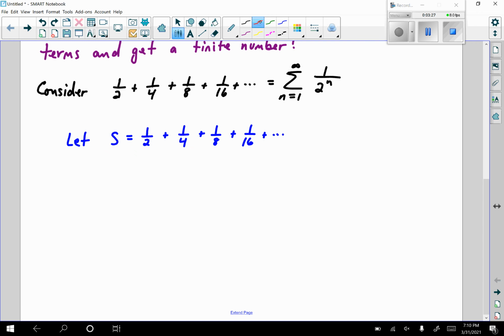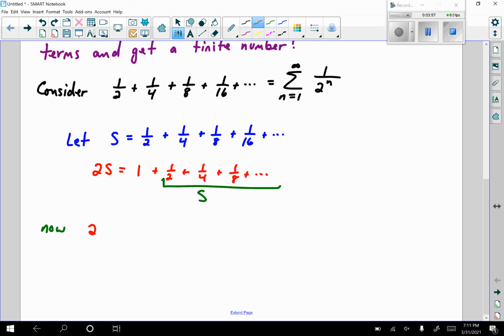And then let's just do an algebraic manipulation to both sides. Let's double both sides. So then 2S is going to equal, if I double the 1/2, that's 1, double the 1/4, double the 1/8, double the 1/16, and so on. So guess what? It seems now like it just shifted. So all of this right here is still S. That's what we had above. So we could subtract that.